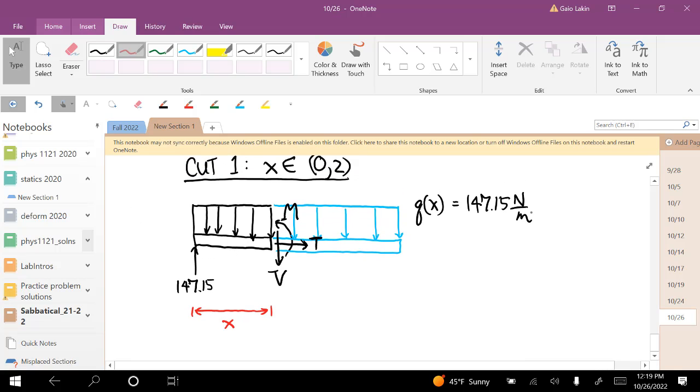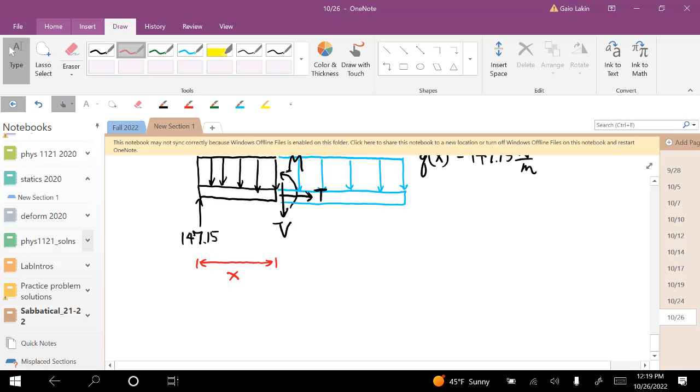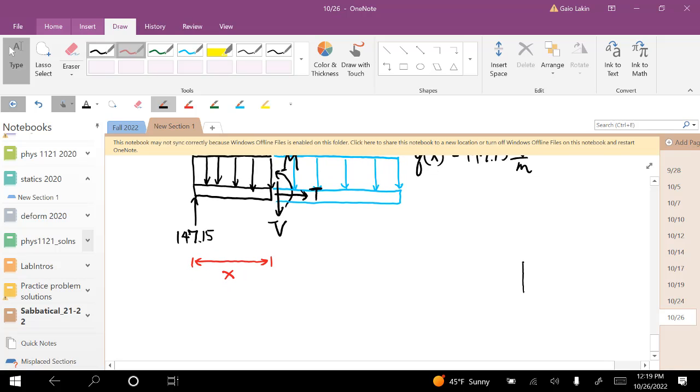And now that we've chosen the piece to isolate, now we can represent that distributed load as a point force. So let's think about that rectangle. Its width is x. Its height is 147.15.